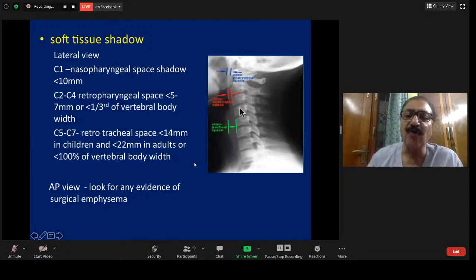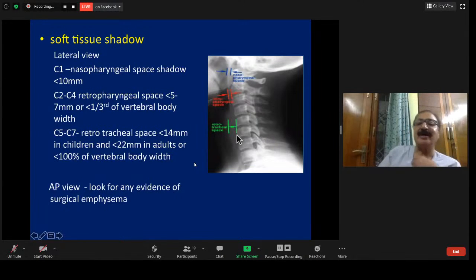There is a thumb rule of 4 and 14. Till C4, 4 millimeters is normal. Below C4, up to 14 millimeters. Rule of 4 and 14. At C1, 10 millimeters; C2 to C4, 4 millimeters; below that, up to 14 millimeters is normal.